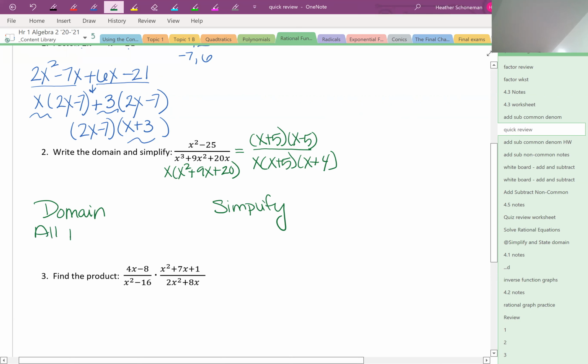So we're going to put all real numbers. And now we're going to look what makes this x 0. Well, just 0. So x can't equal 0. What makes this parentheses 0? -5. And this parentheses -4. We don't care what's in the numerator. For the domain, all you're looking at is what makes the denominator 0.